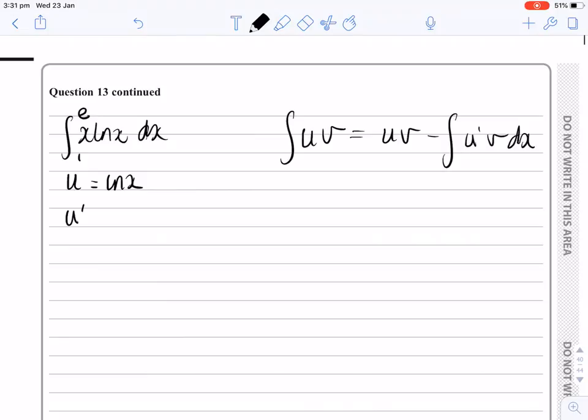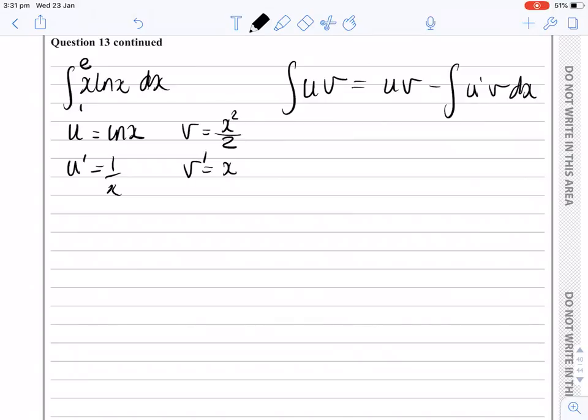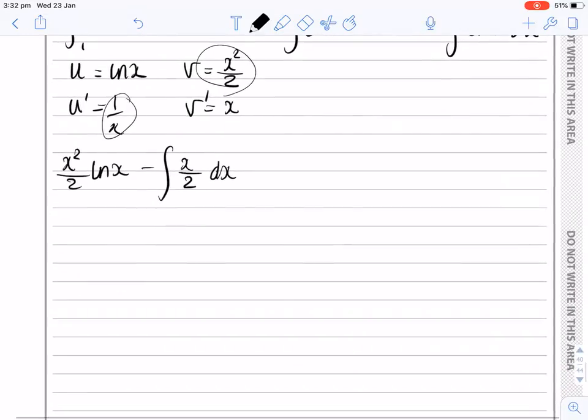So u is ln x, u dash is 1 over x, v dash therefore is x, and so v is the integral of that, x squared over 2. So now we put it into the formula. uv is x squared over 2 ln x, take away the integral of u dash v, so that's 1 over x times x squared over 2, which leaves us with the integral of x over 2 dx.